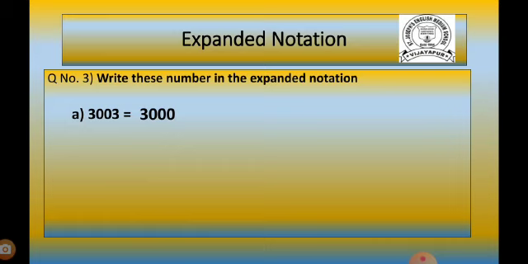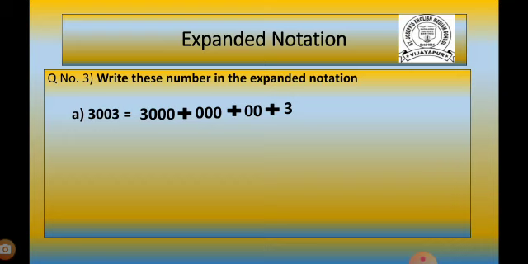We don't have a hundreds place, so we'll put plus 3 zeros. We don't have a tens number here either, so we'll put 2 zeros. Then we have the units number 3. So the expanded form of 3003 is 3000 plus 0 0 0 plus 0 0 plus 3.